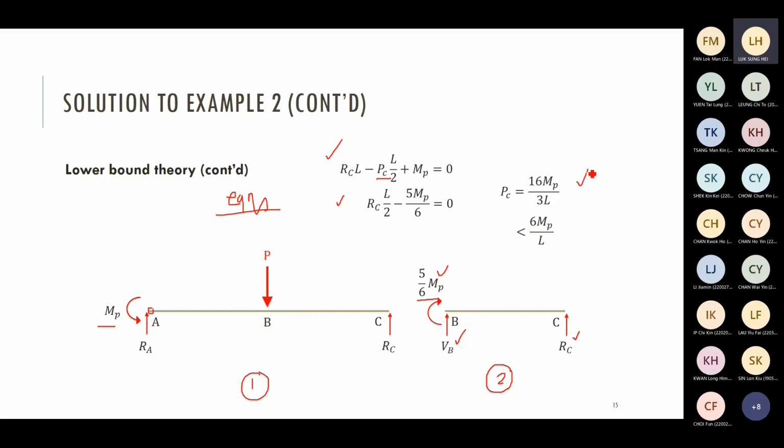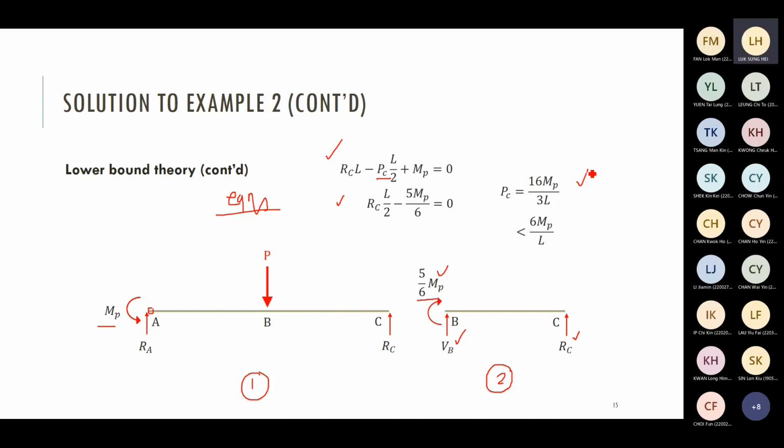So lower bound theorem firstly relies on the moment diagram, and then utilizes the plastic moment to express some moments in terms of the plastic moment. This will give you some extra conditions. Using the extra conditions, you can solve your equilibrium equations.